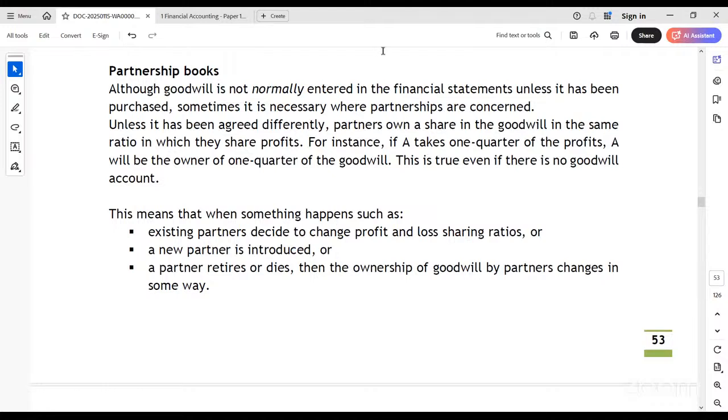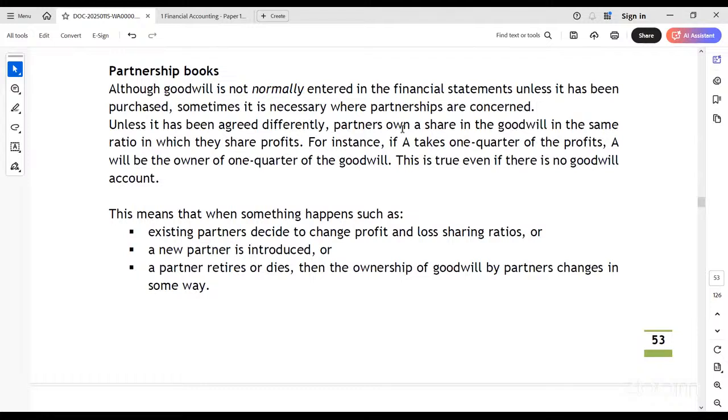Although goodwill is not normally entered in the financial statements unless it has been purchased, sometimes it's going to be necessary for partnerships. Normally goodwill comes in if we are selling off the business, but under partnerships, you'll find that we have to bring in the goodwill whenever we have partnerships.